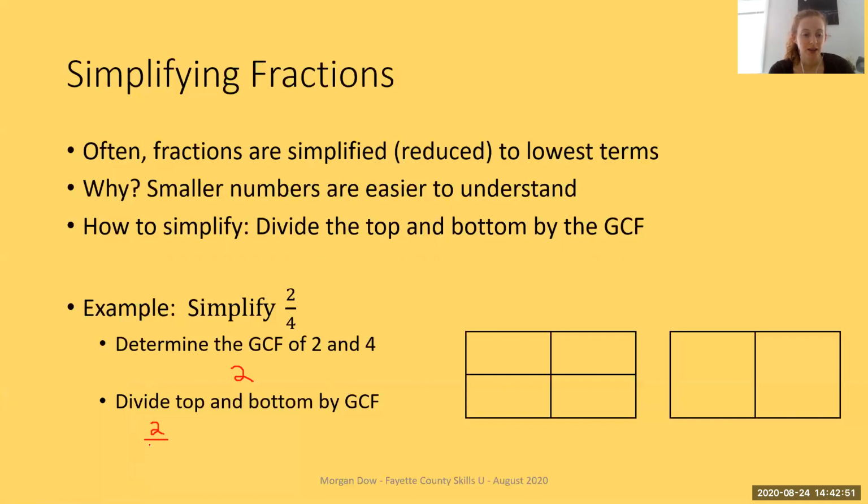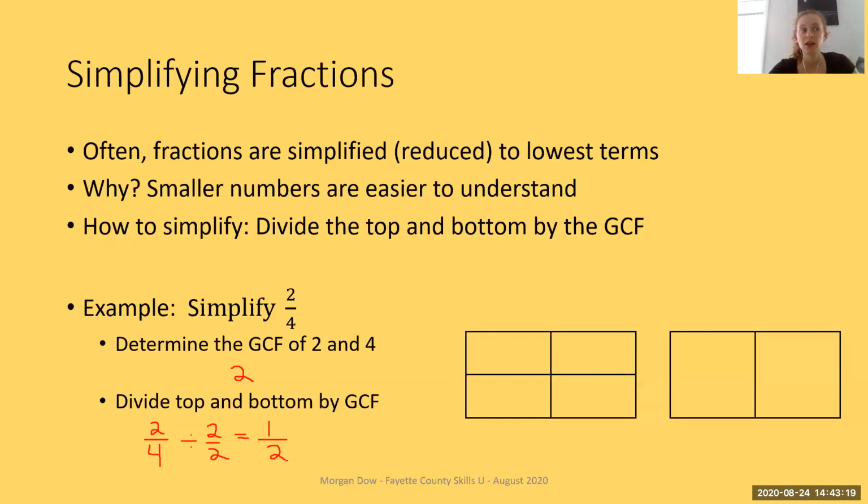I'm going to divide the top and the bottom by that GCF. Two divided by 2 is 1. And 4 divided by 2 is 2. So we have just seen that 2/4 is equivalent to 1/2. 2/4 is equal to 1/2.